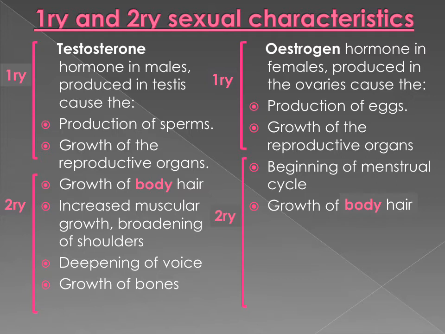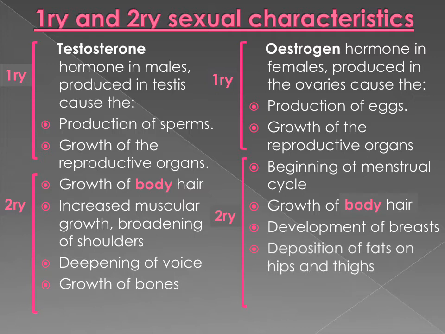Okay, now in females, there is also the development of breasts. The breasts grow in size. The deposition of fats on the hips and thighs, so the shape of the body again changes. Also, we can add the point of the activation, the sweat glands become more active.